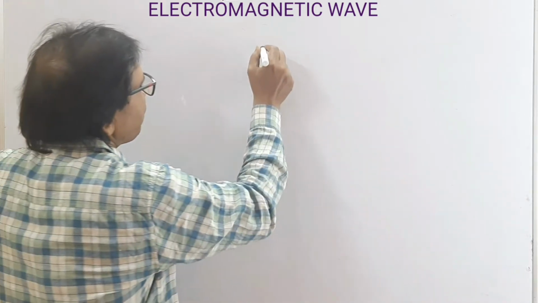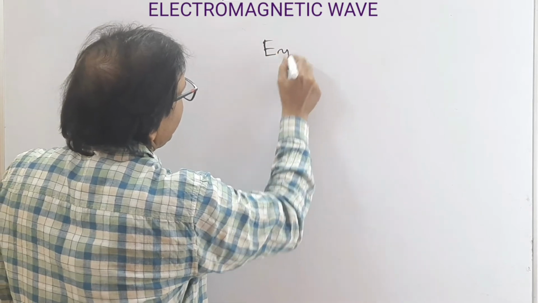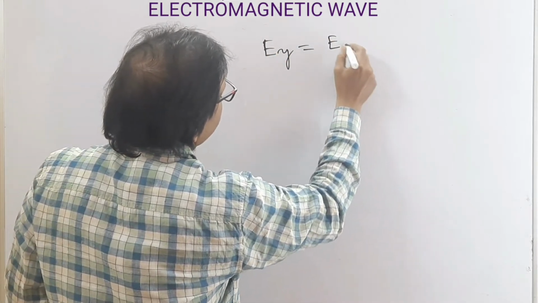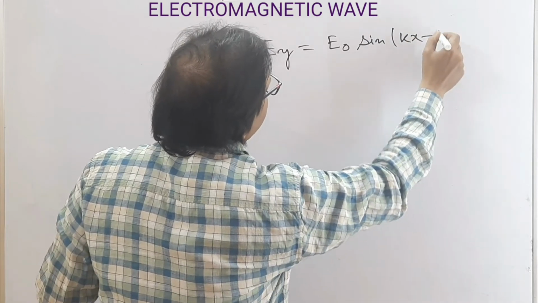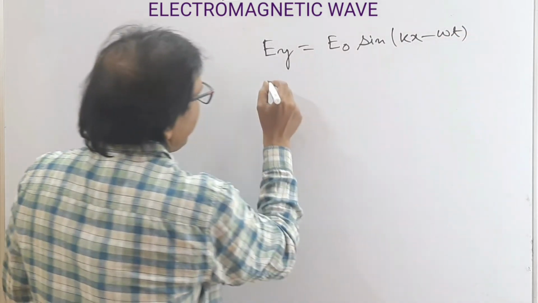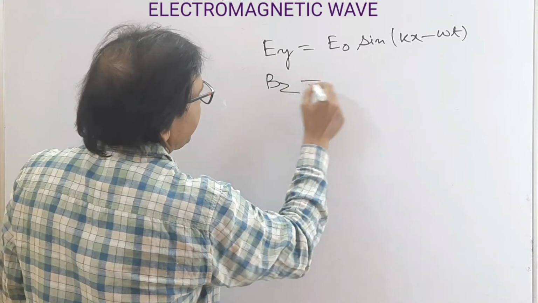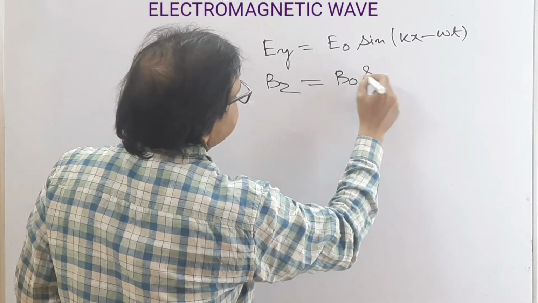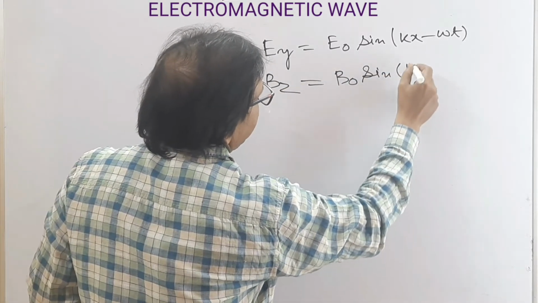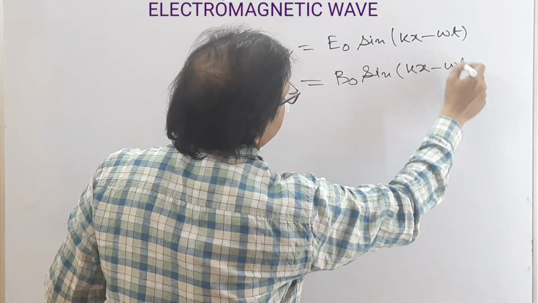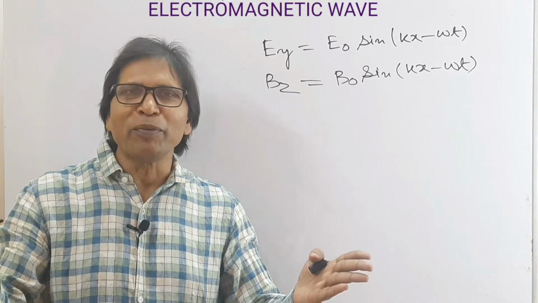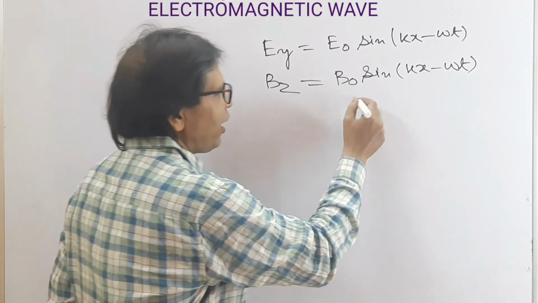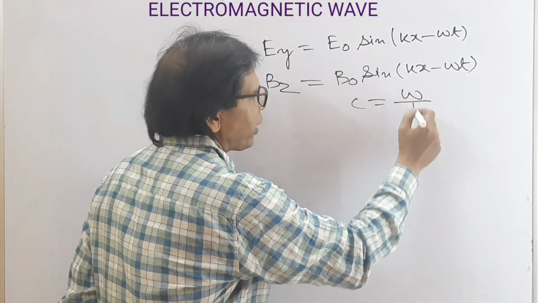Now the electric field is Ey equals E naught sine of kx minus omega t, and the magnetic field Bz equals B naught sine of kx minus omega t, where omega by k is the speed of the EM wave. So c equals omega by k.